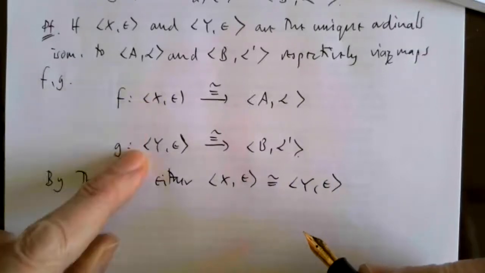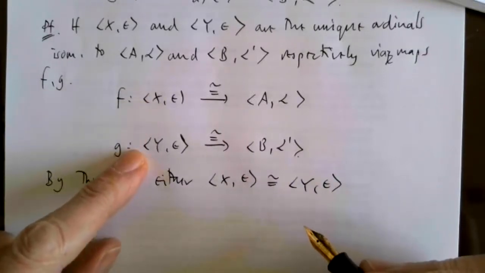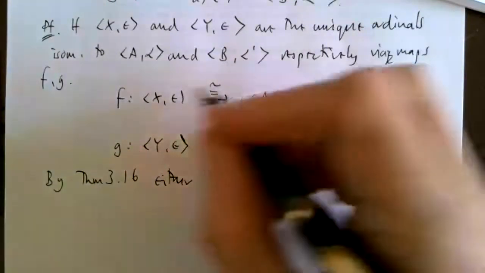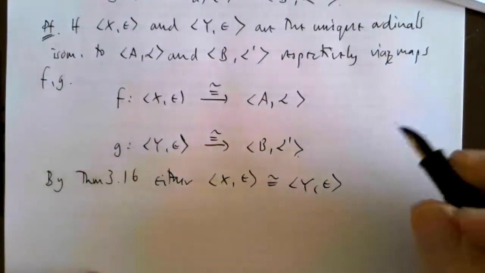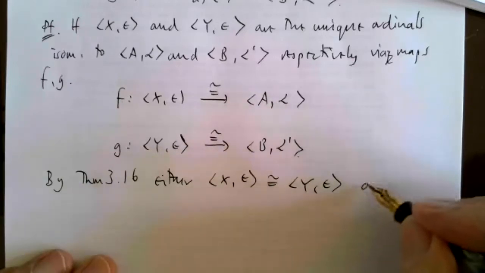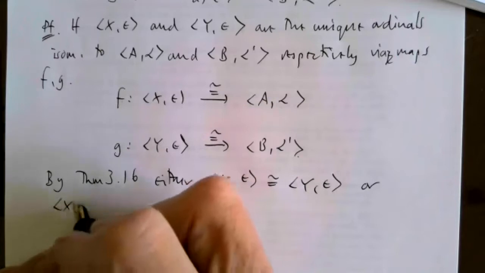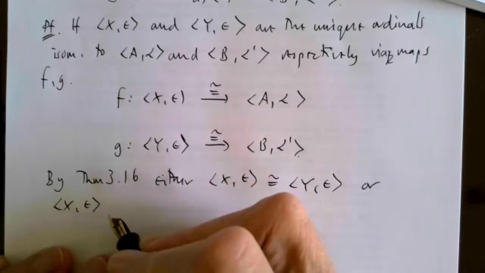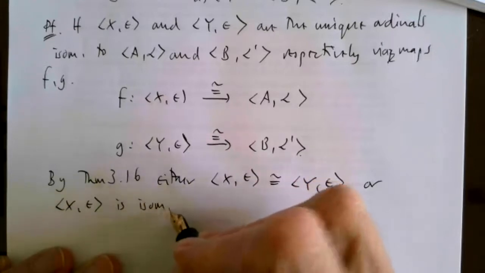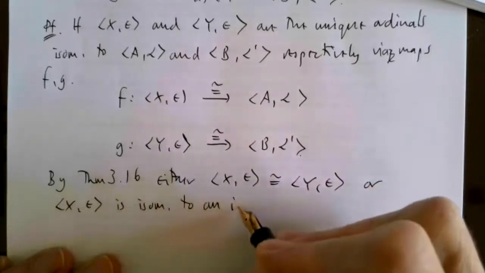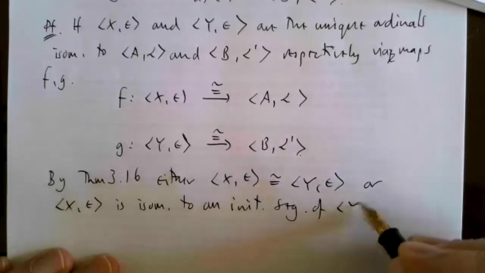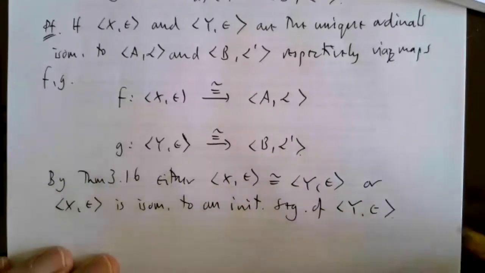This is isomorphic to this. So that means this is isomorphic to this, just by composing the maps. Or X with epsilon is isomorphic to an initial segment of Y with epsilon.